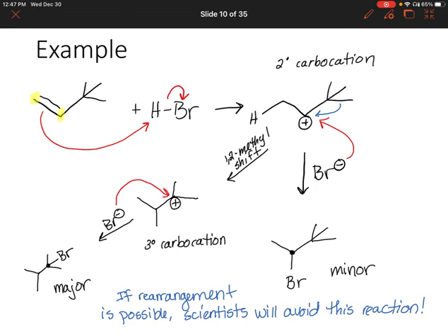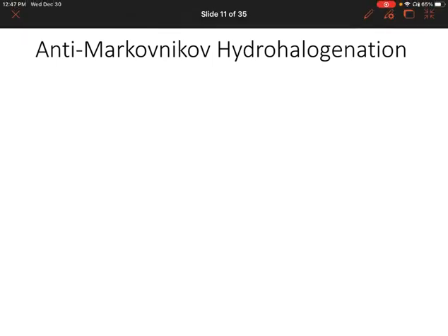Okay, so what if we want to add bromine to the other side of the double bond? Because maybe we want bromine on the less substituted side of the double bond. Well, there is a way to do that, and it's called Anti-Markovnikov Hydrohalogenation, which is quite the mouthful.